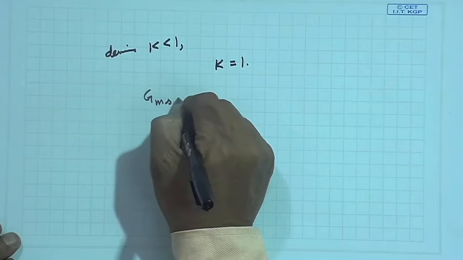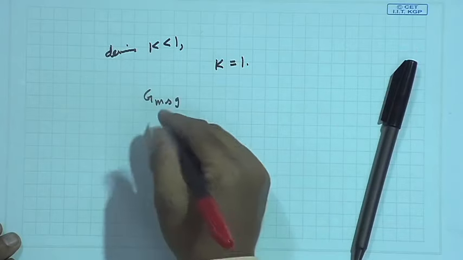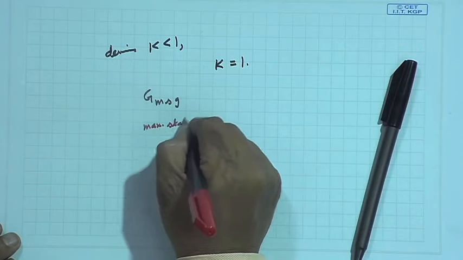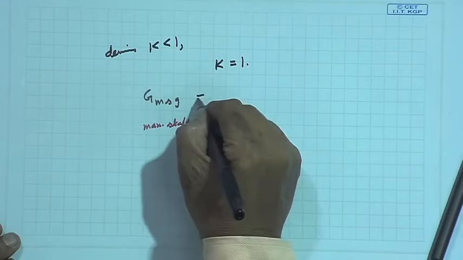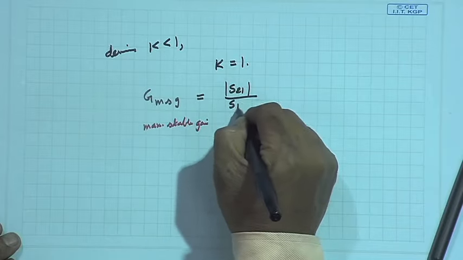So, that is called the maximum stable gain, and that is given by simply S21 by S12.